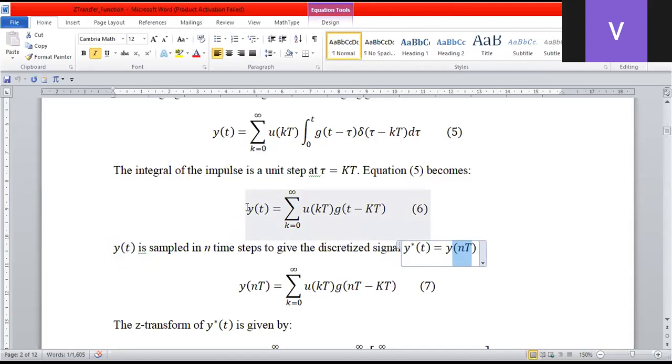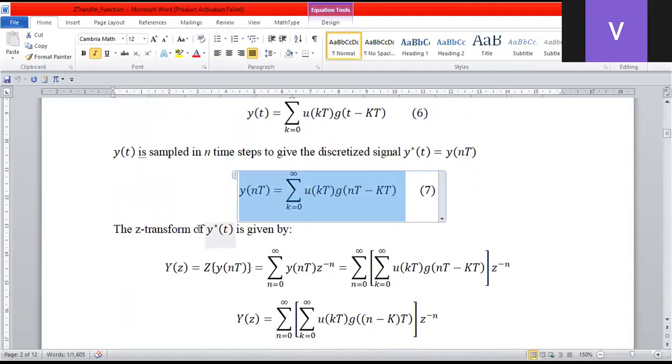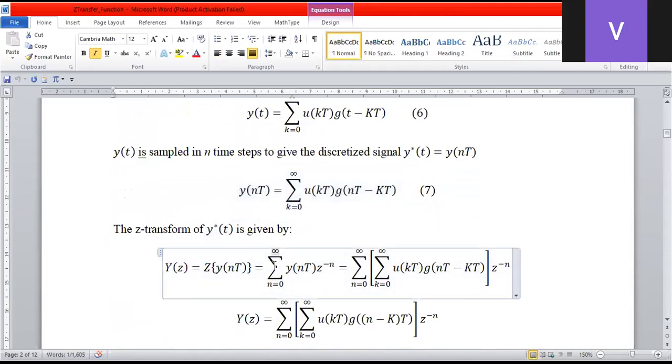The difference between this equation and this equation is that we replace t with nT. And now we perform the z transform of y of t, the sampled version of y of t.